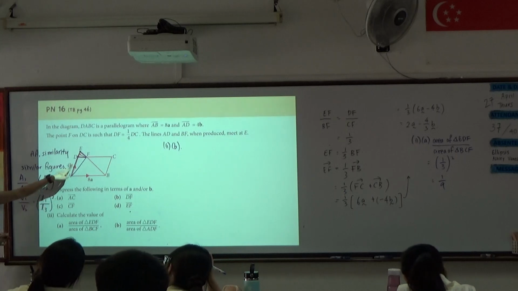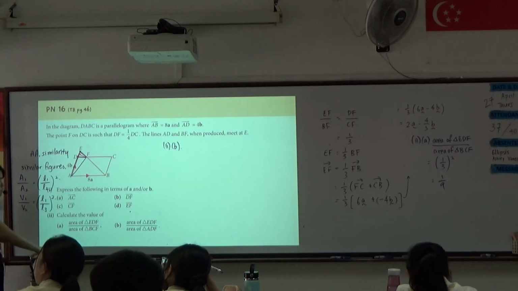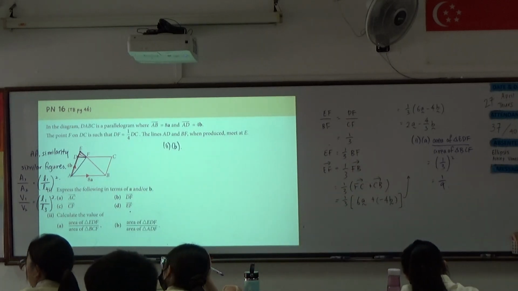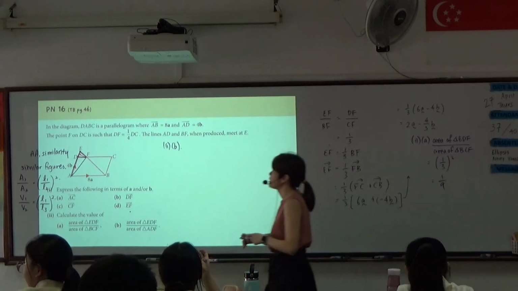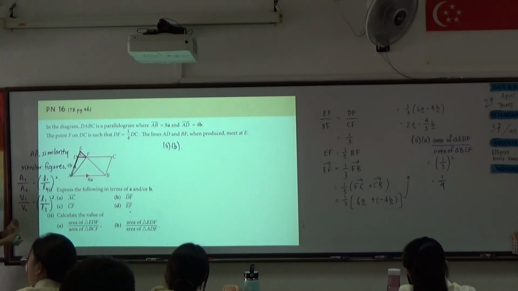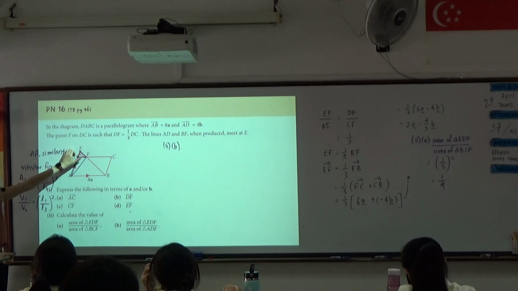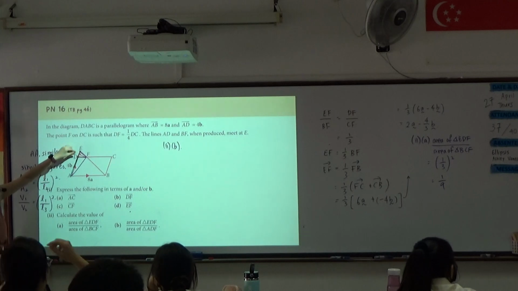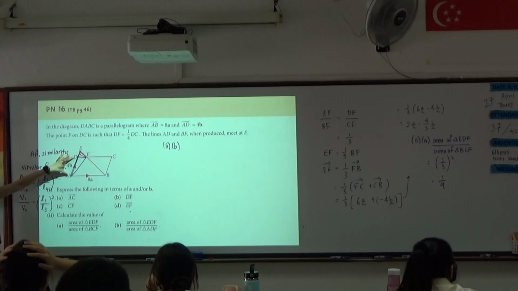Whereas for this triangle, if I were to choose my base, let me get a different color. If I get my base to be this one, I will notice that the height will have to be perpendicular. This is where I have to do the dotted line, extend it out. And I find that this thing itself will actually be perpendicular to this part.